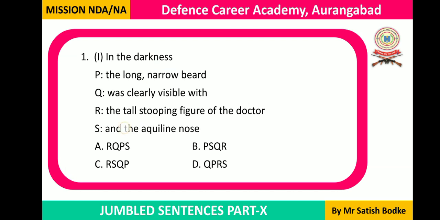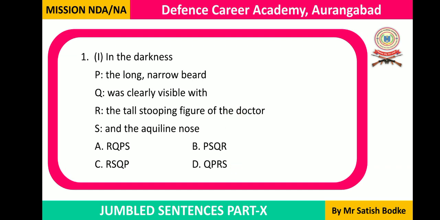"The long narrow beard" - "was" is a verb, so this definitely should not be the subject, and the sentence should not start with "and", because this is not the subject. "The tall stooping figure of the doctor" is the noun phrase. This should be the subject.